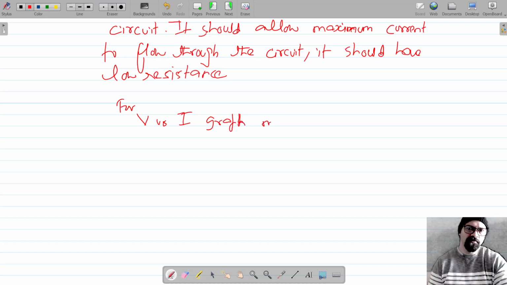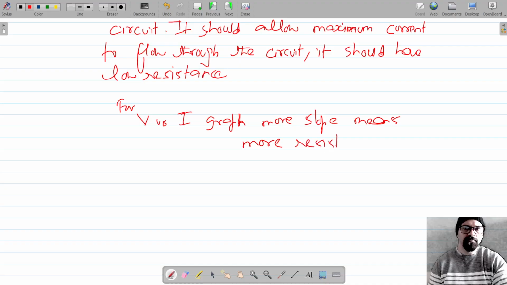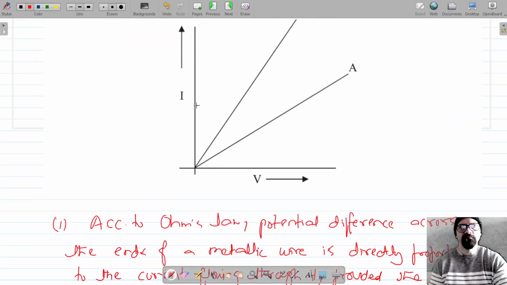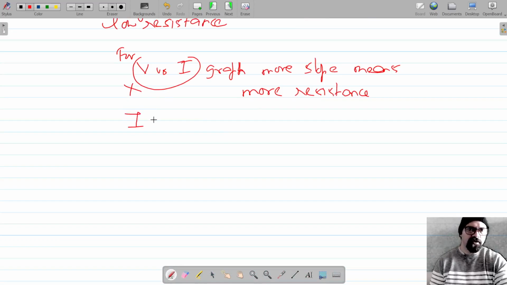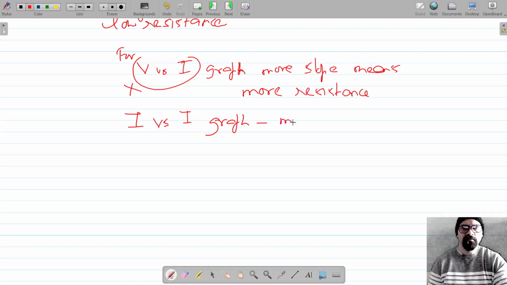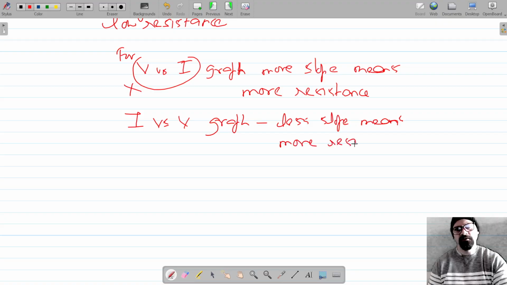More slope means more resistance. But this graph is not V versus I. This is I versus V. Now for an I versus V graph, less slope means more resistance.